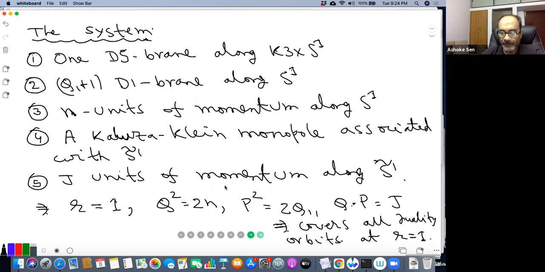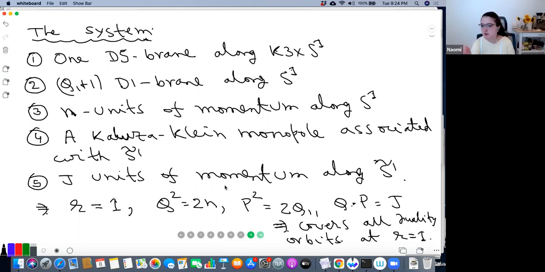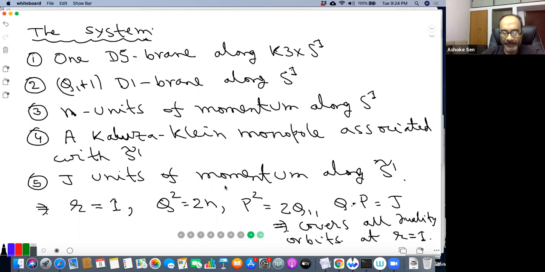So what goes wrong if you just choose D3 branes? Well, it's just this is easier, right? In fact, there is counting available, at least for some set of charges, where it's built purely from D3 branes. You don't need any momentum or anything else. Just take intersecting D3 branes and you can build a system. But the counting there is much more difficult.